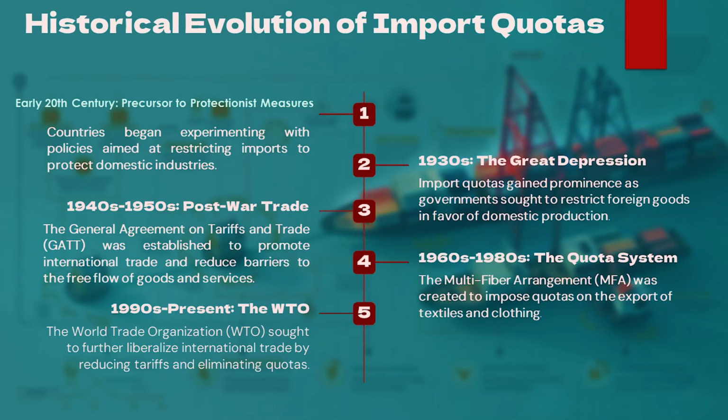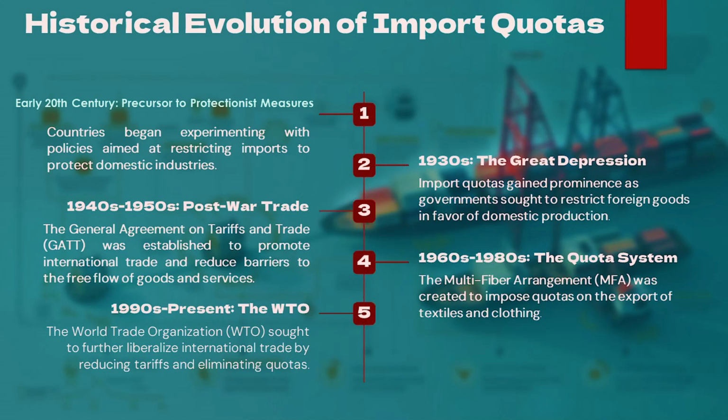Before the widespread use of import quotas, countries often relied on tariffs to regulate trade. However, by the early 1900s, economic conditions such as the rise of mass production, increased competition, and concern over the survival of nascent or infant industries led some nations to consider more direct forms of trade control.